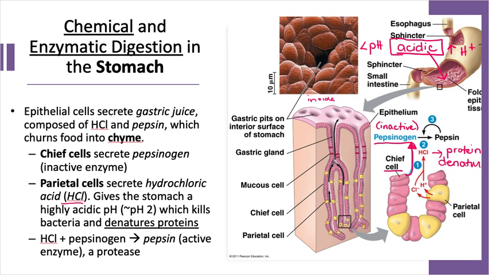So this protein denaturation would be an example of chemical digestion. Chemical because hydrochloric acid is a chemical. So we'd say protein digestion begins with chemical digestion in the stomach. So it's only going to be of proteins.